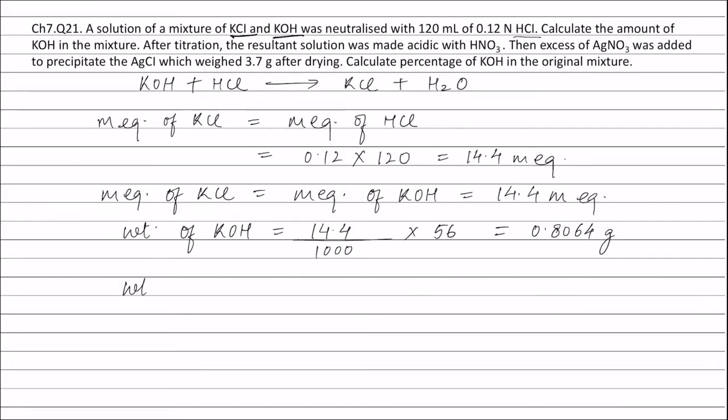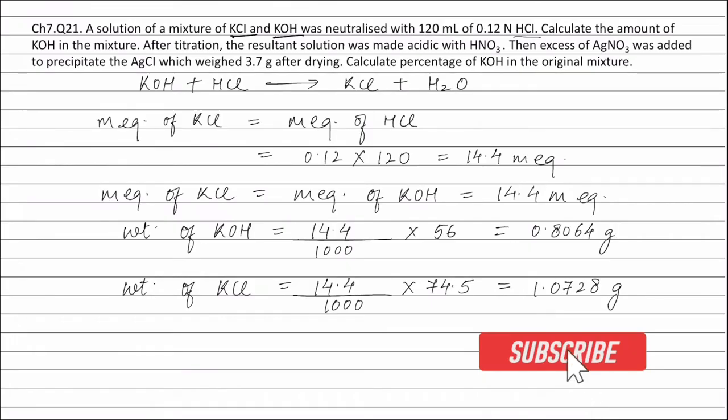Similarly, weight of KCl formed will be equal to equivalents of KCl, that is 14.4 divided by 1000, into equivalent weight of KCl, that is 74.5, and this is equal to 1.0728 grams.